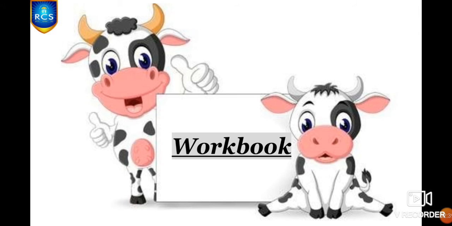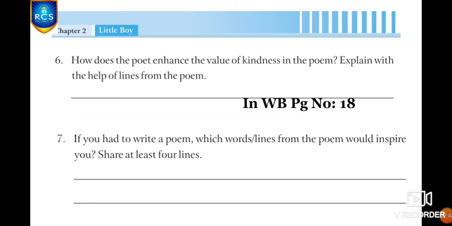And in our workbook, we are going to complete some questions today. In workbook, page number 18, sixth question. How does the poet enhance the value of kindness in the poem? Explain with the help of lines from the poem.